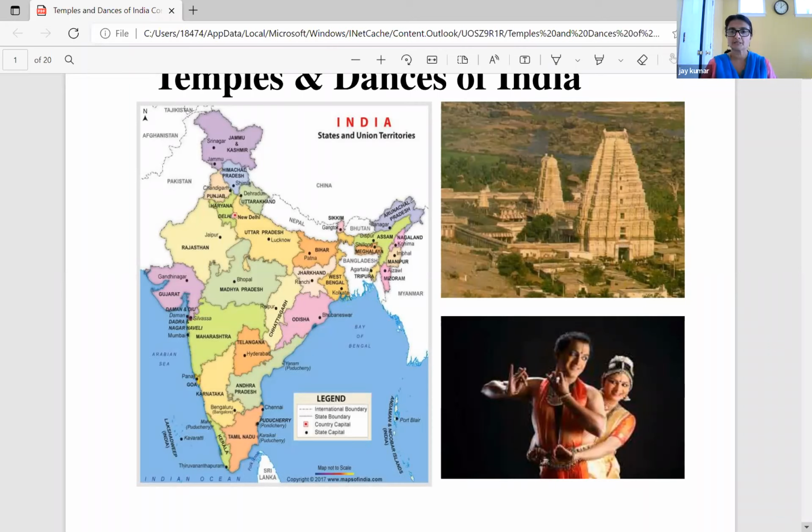We have 26 states and 8 union territories, so that makes it even harder. We have a divide between the South and the North, similar to the United States. A number of things vary, like customs, traditions, practices, languages, and so on and so forth.